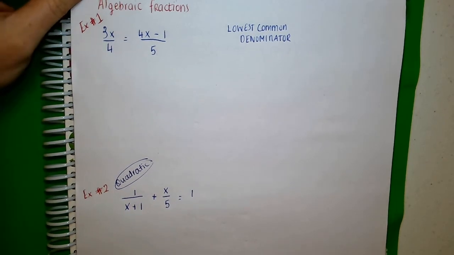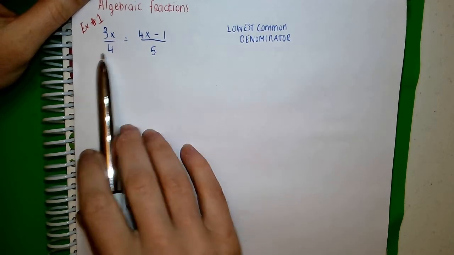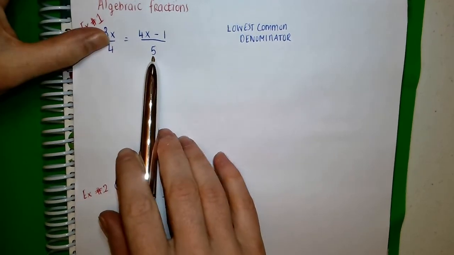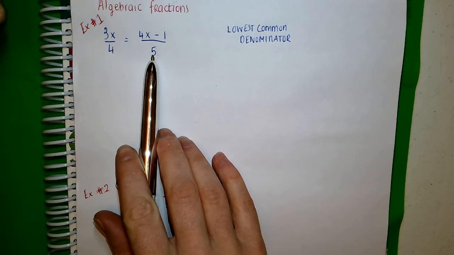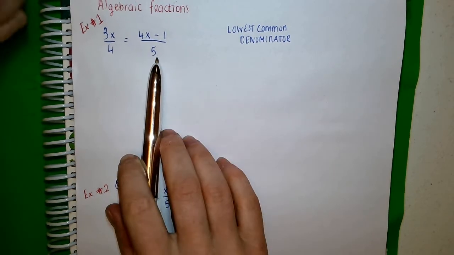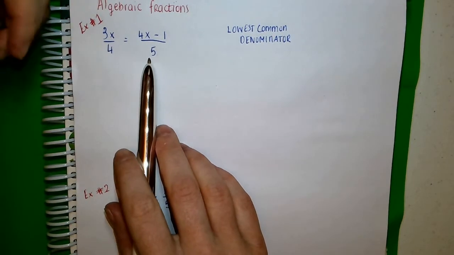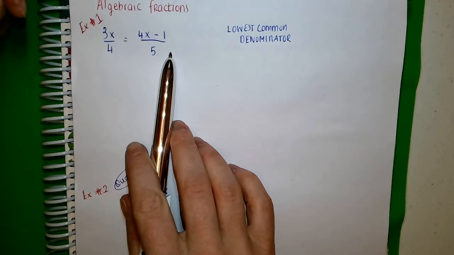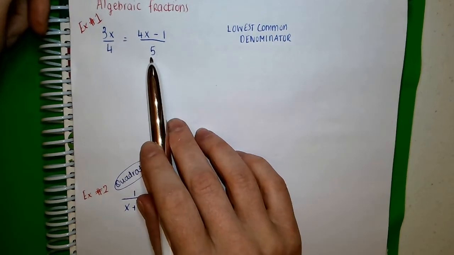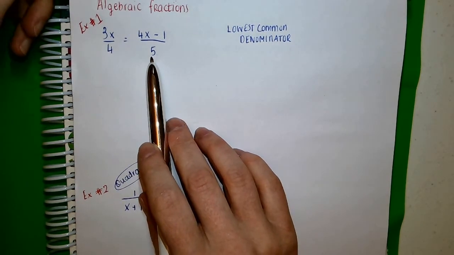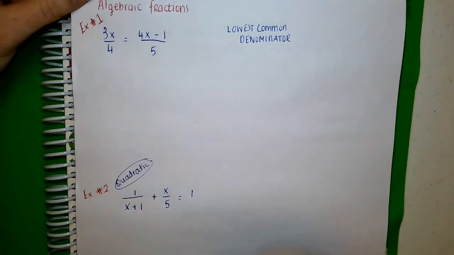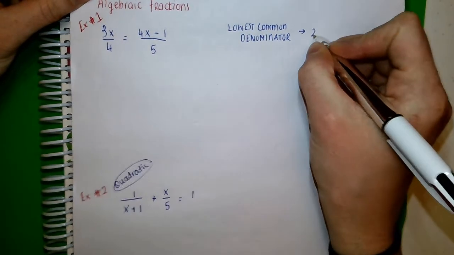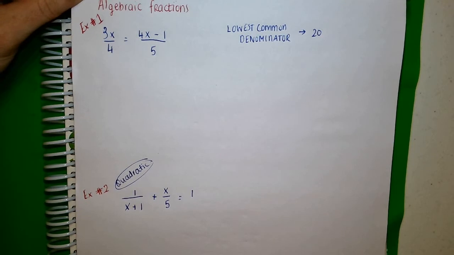So if you think about all of the multiples of, we'll go with the bigger number, 5. 4 doesn't divide into 5, so that's not the lowest common denominator. The next one is 10, 4 doesn't divide into 10. The next one is 15, 4 doesn't divide into 15. The next one is 20, and we can agree that 4 does in fact divide into 20 as well. So our lowest common denominator in this question is 20.